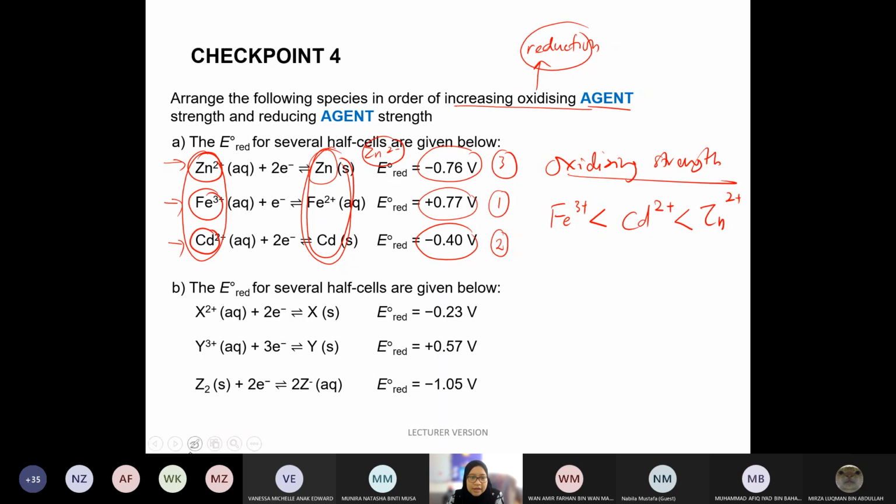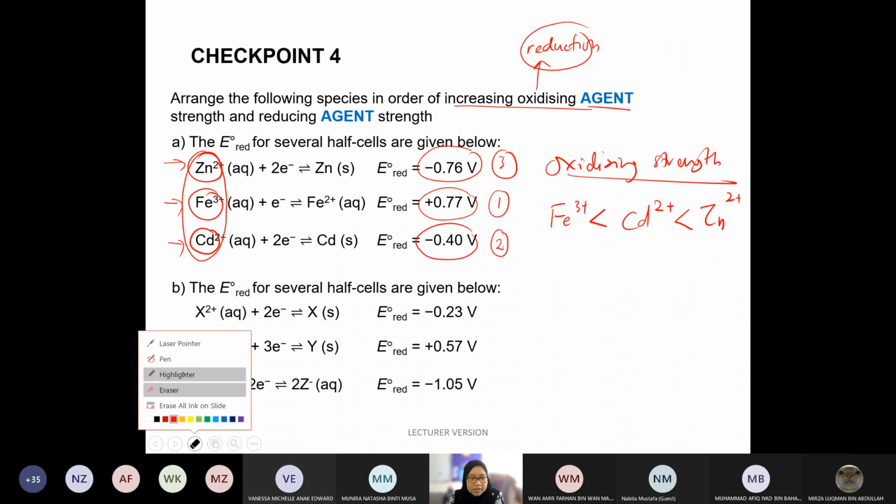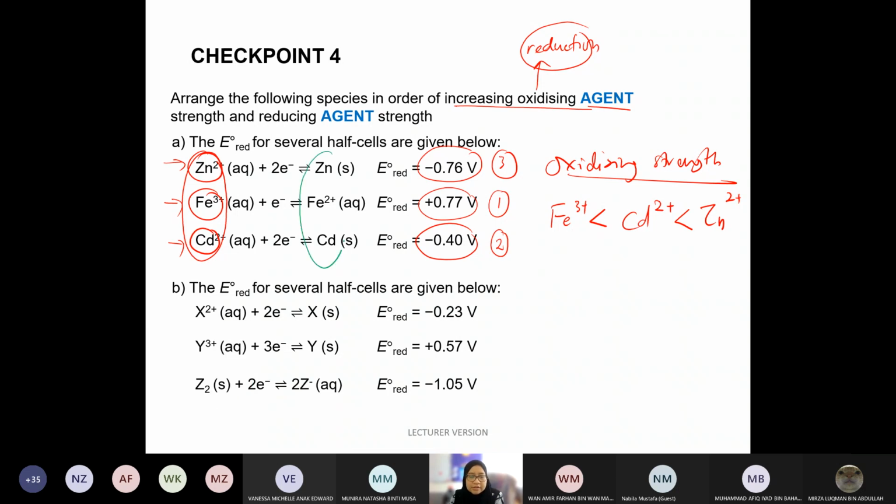Now let's arrange based on reducing strength. Let's arrange the species in terms of reducing strength. So these are the three species that can undergo oxidation, because we are talking about reducing agent strength, which means they themselves will undergo oxidation.